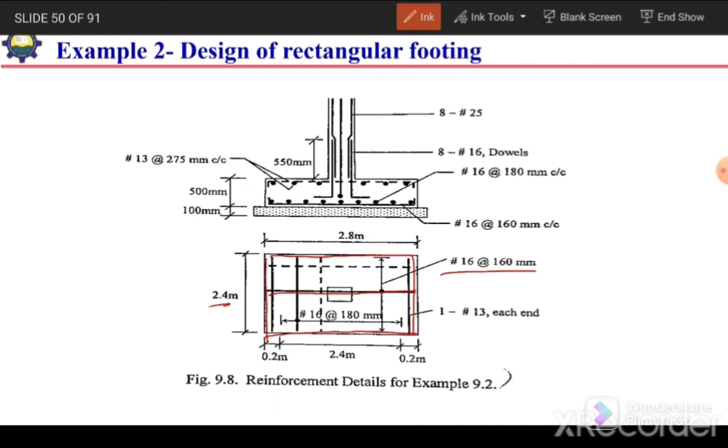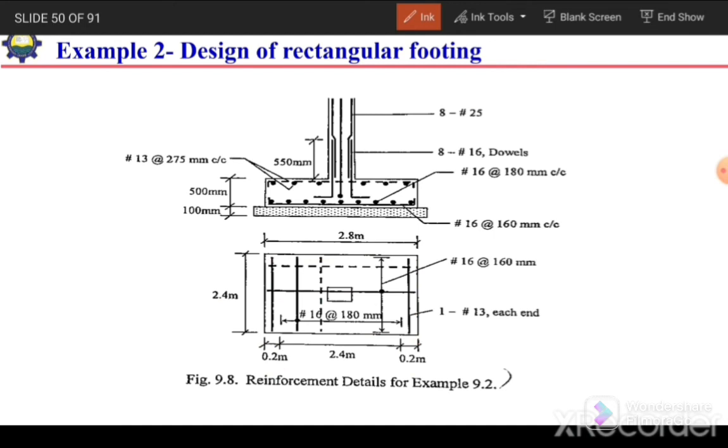But in the shorter direction, in the central band starting from here up to here, we need a larger amount of reinforcement, which is equal to this much, number 16 bar at the rate of 180 millimeter. And the width outside this central band, we have calculated that we need to provide one number 13 bar on each side. So this is the reinforcement detailing for the footing slab.